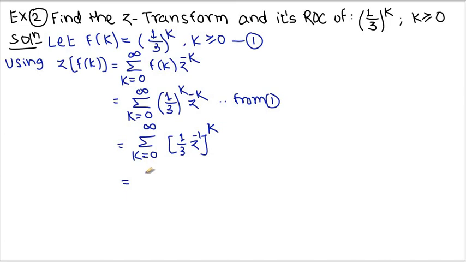So this is 1 upon 3 into z raised to minus 1. In a summation, after every bracket you have to put a plus sign. The summation starts with k equal to 0, the index will be raised to 0, second value 1, third value 2, and so on up to infinity, because the last value is up to infinity. And all the brackets are the same, that means 1 by 3 z raised to minus 1.